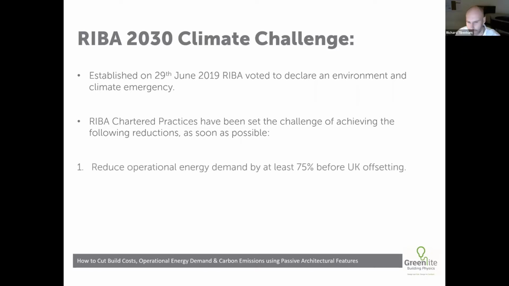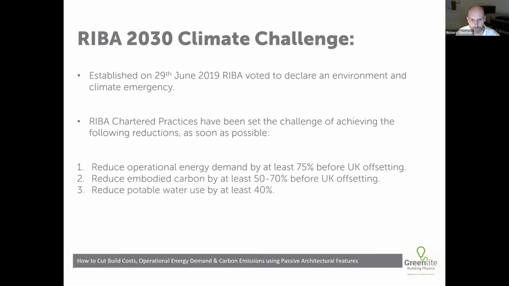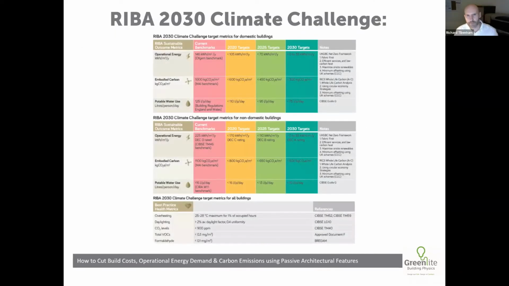Reduce operational energy demand by at least 75% before UK offsetting. Reduce embodied carbon by at least 50 to 70% before UK offsetting. Reduce potable water use by at least 40%. And achieve all core health and well-being targets. So this is the RIBA 2030 Climate Challenge.